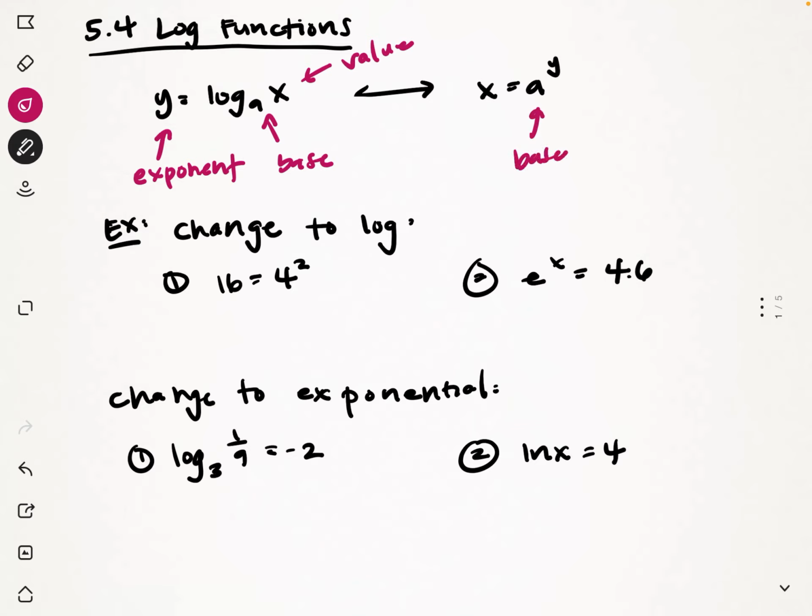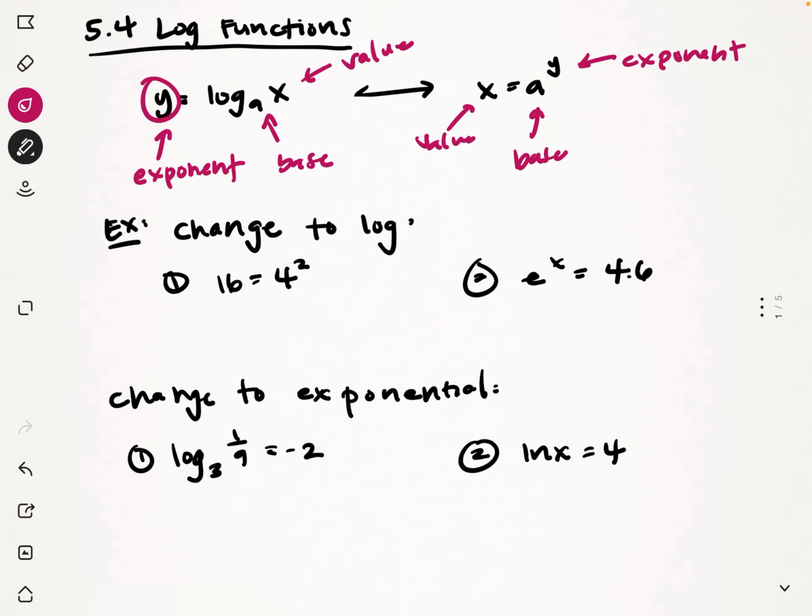The base is the a, the y is the exponent, and the x is the value. So the reason why we work with logs is because our y is going to give us the exponent. It tells us what the exponent on our a should be so that we get the x value. All right, so let's work through this. And the more you do it, the easier it gets and the more you'll understand how it works.